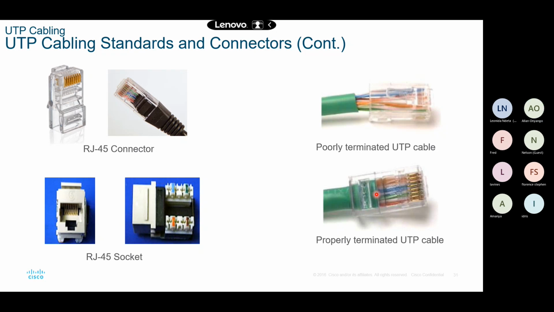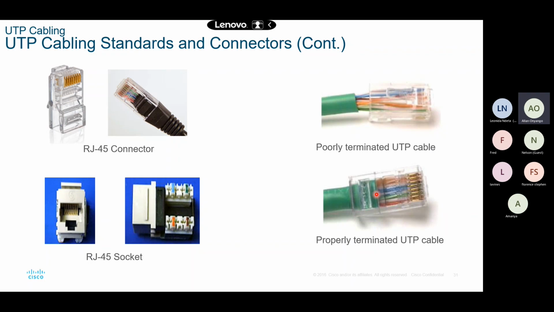Now, it's important to note that if you look at the first cable, whereby the sheath has not gone in, that is a poorly terminated cable. So if the sheath is outside, it's poorly connected.